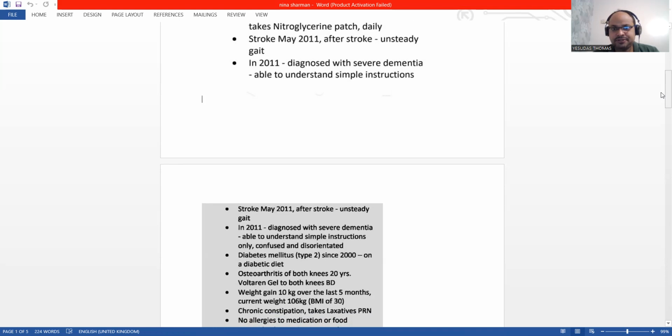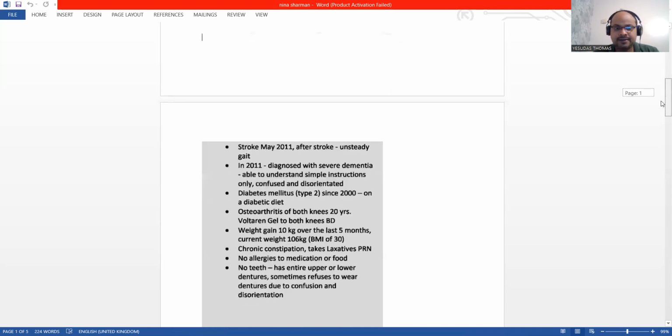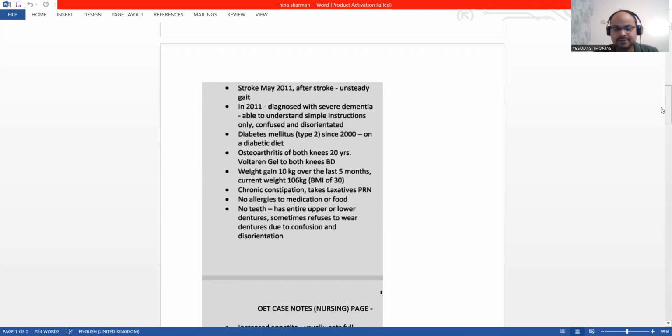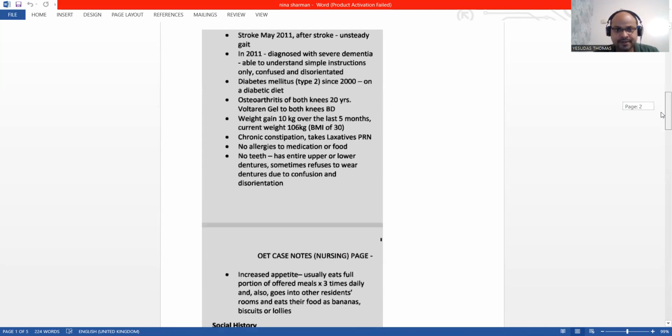As she is a patient in the dementia care unit, you have to say that she has severe dementia and is unable to follow instructions, with confusion and disorientation. I told you that you need to include diabetes mellitus, and the diabetic diet is also there. We don't have anything to do with osteoarthritis, no allergies to medication.